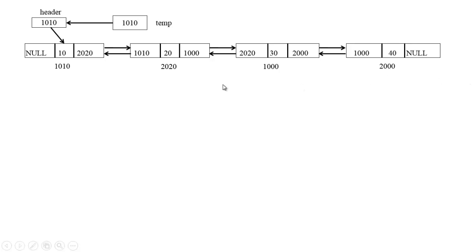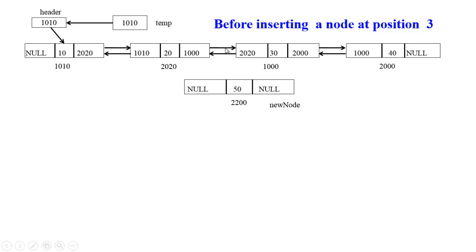Our aim is to create a new node whose value is 50. I assign it a certain address, 2200, with the previous field and the next field initially null. I'm going to insert it at a specified position, position 3.